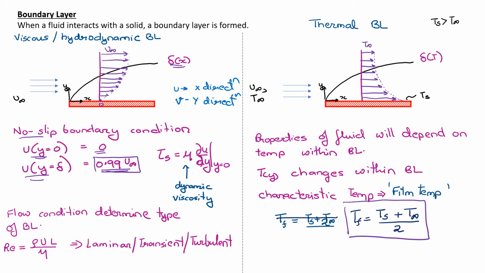We have different dimensionless numbers which we will be looking at, which help us determine the type of thermal boundary layer. So what defines the thermal boundary layer? We will be looking at a few dimensionless groups in this chapter and in the next few chapters as well.